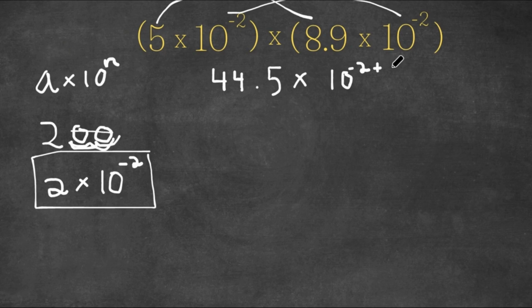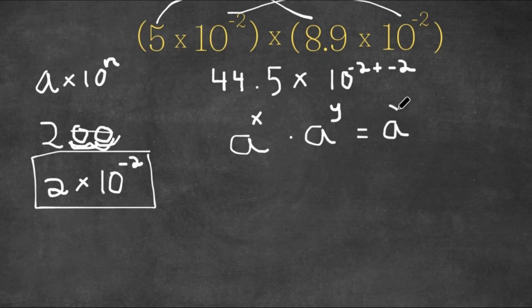plus negative 2. Because remember, when we are multiplying two exponents, let's say a to the power of x times a to the power of y, when the bases are the same, all we do is we simply add these two exponents. So this would be a to the power of x plus y.